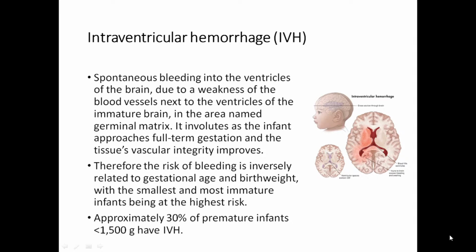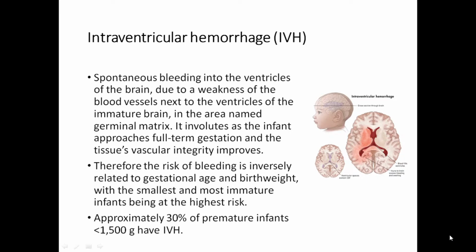Intraventricular hemorrhage, IVH, is spontaneous bleeding into the ventricles of the brain due to a weakness of the blood vessels next to the ventricles of the immature brain in the area named germinal matrix. It involutes as the infant approaches full-term gestation and the tissue's vascular integrity improves.